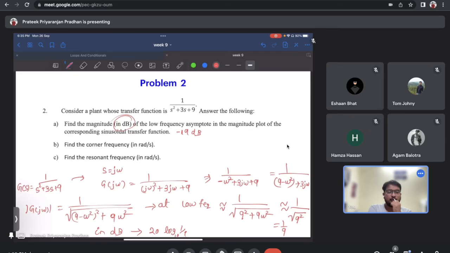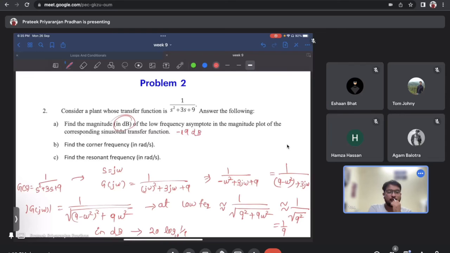Exactly that. When the system frequency becomes equal to the natural frequency of the system, it becomes a resonance condition. So at resonance, the magnitude goes very high, like maximum, and it may become unstable also.